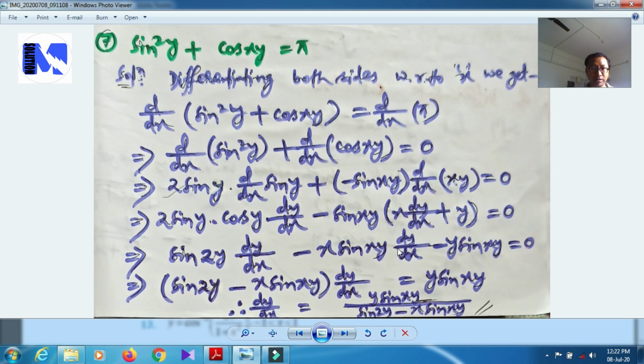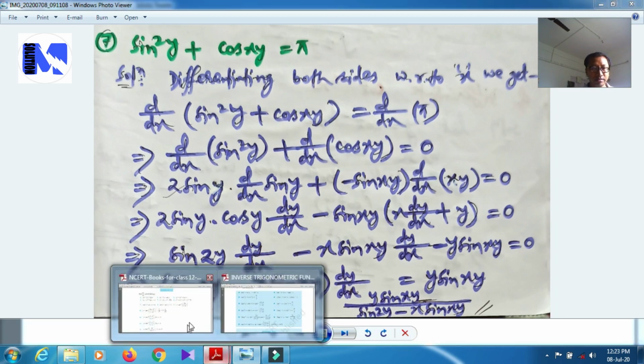Then you take common the coefficients of dy by dx part like this, then this part you bring this side, then you will get dy by dx equal to this. Okay, this is the way how to differentiate the implicit functions.